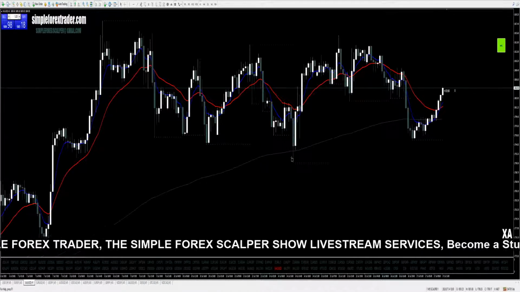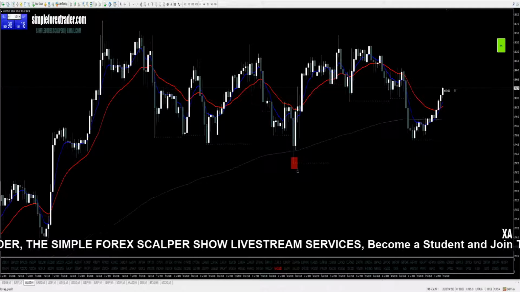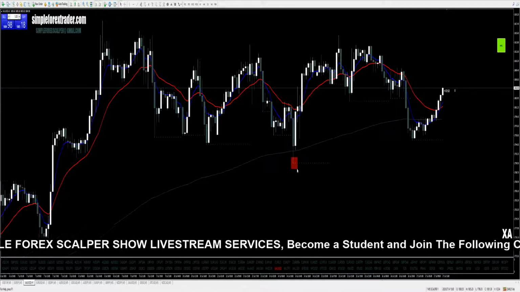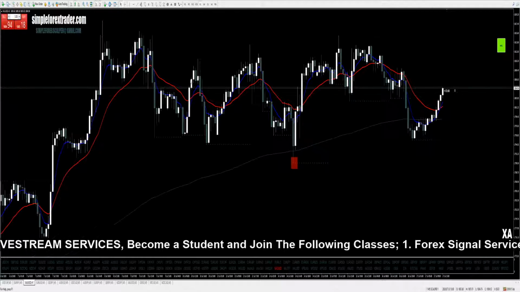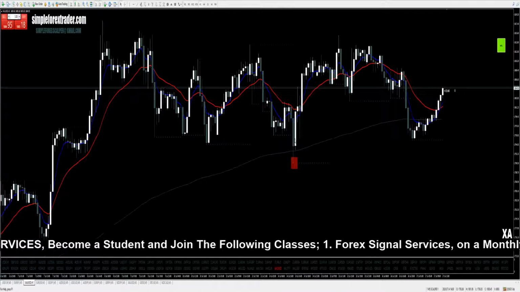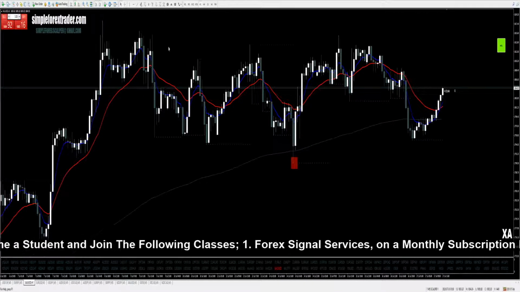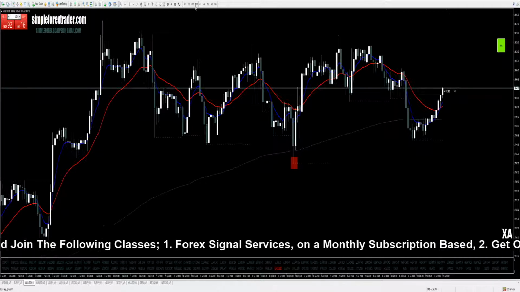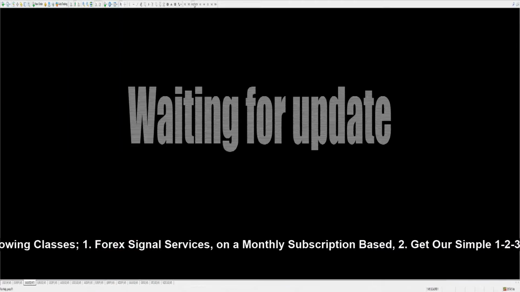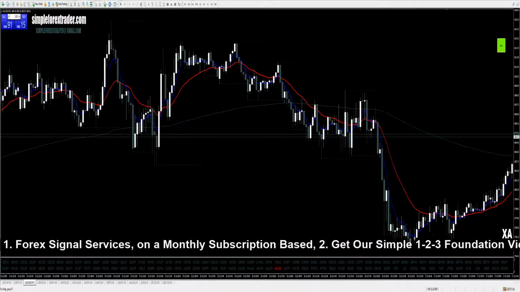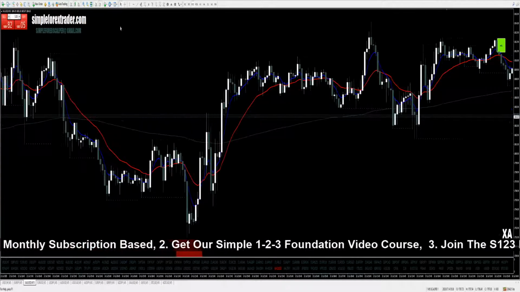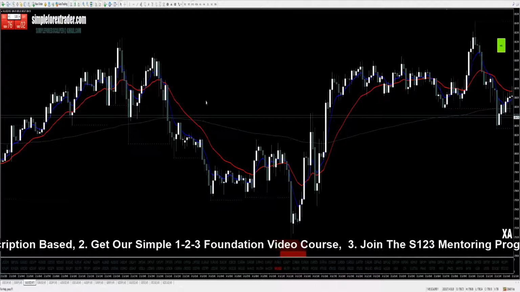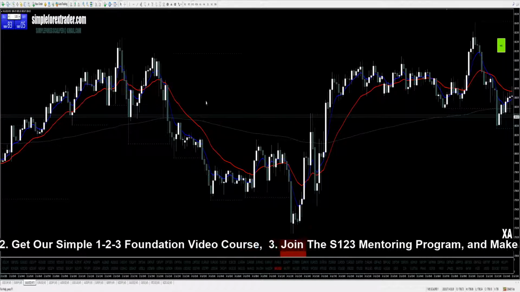I'm going to highlight it in the red box, and because it's only consolidating in that area, we're going to move down to the 15-minute time frame and find the red box. The red box is here on gold. You can see the red box here.